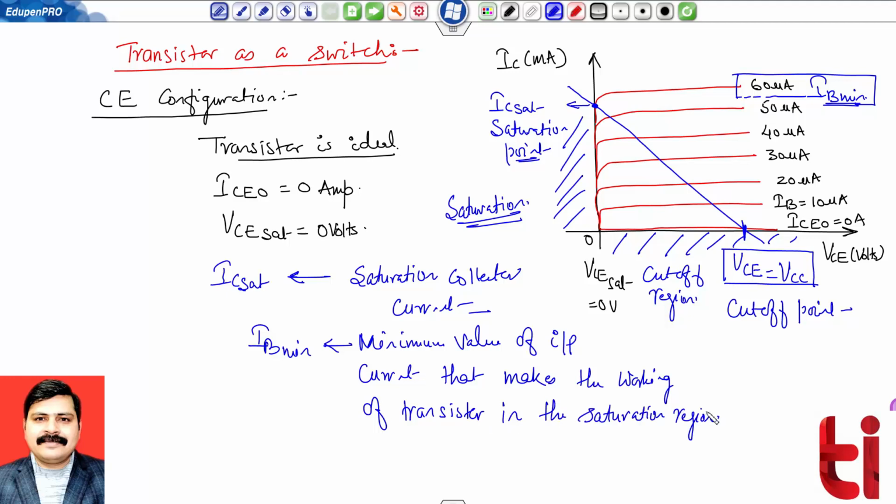Now you can check that below this IB min, my transistor is in the active region.